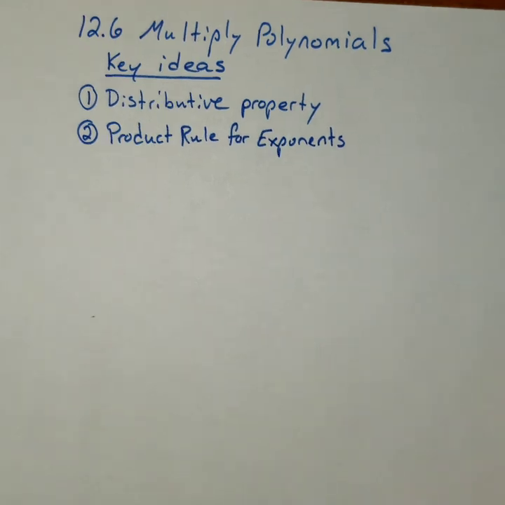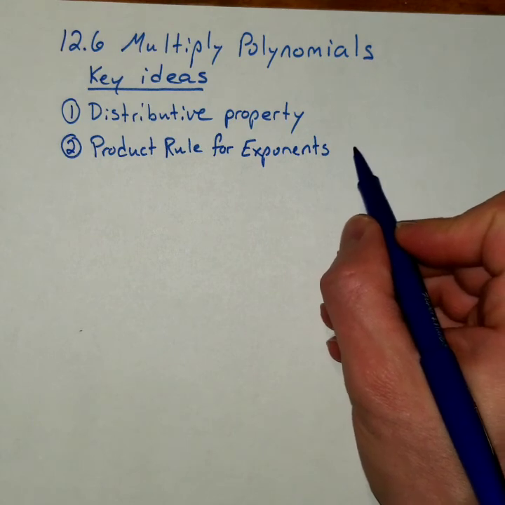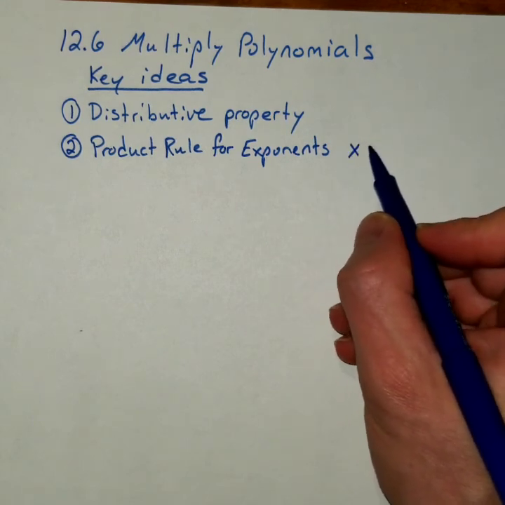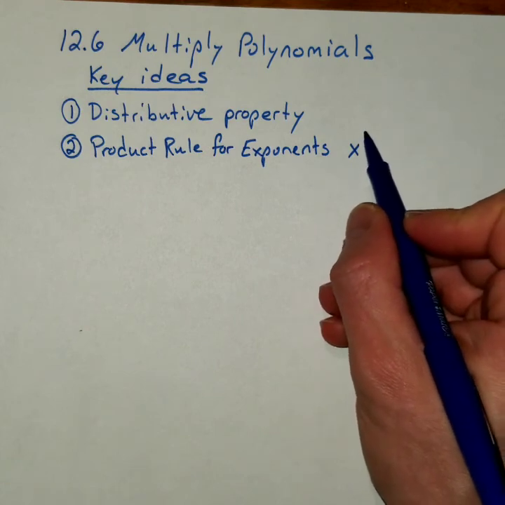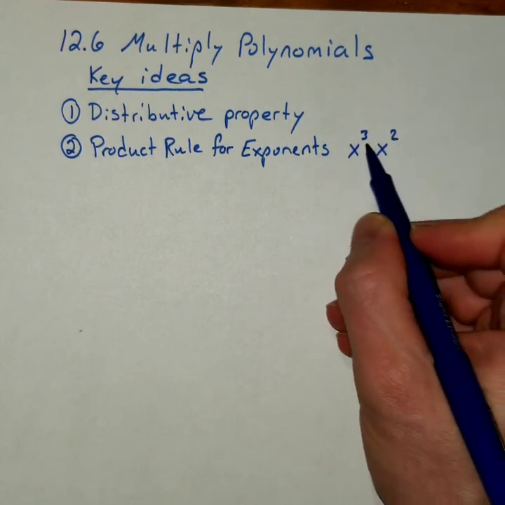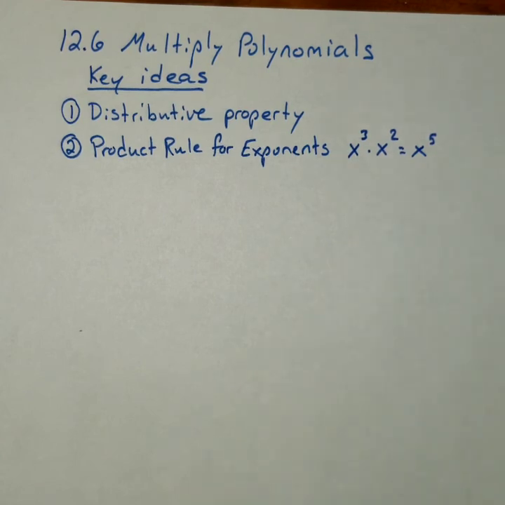And this is going to be important because particularly when we multiply things that have the same base, usually variable, same base but different powers, like x to the third times x to the second, you add those powers up and get x to the fifth. Okay, so that's the product rule for exponents.